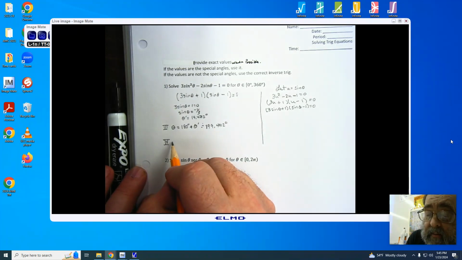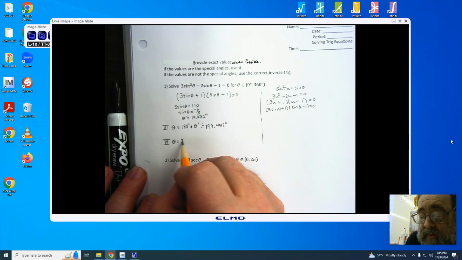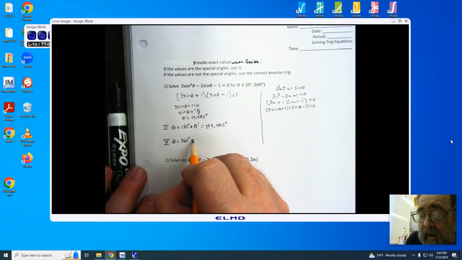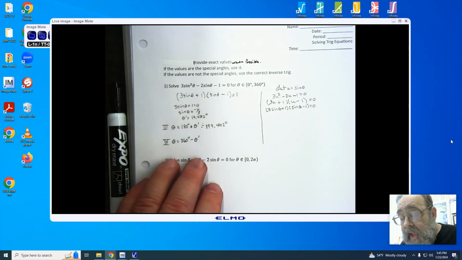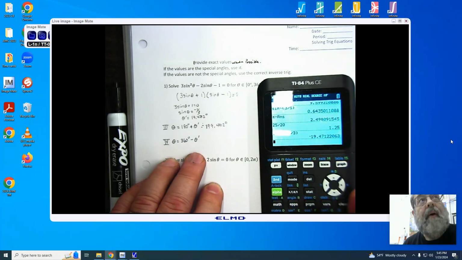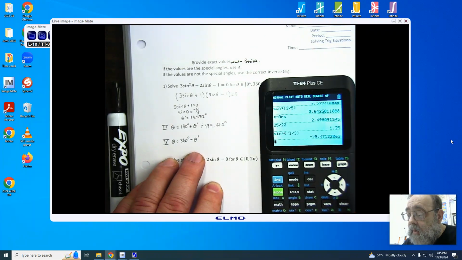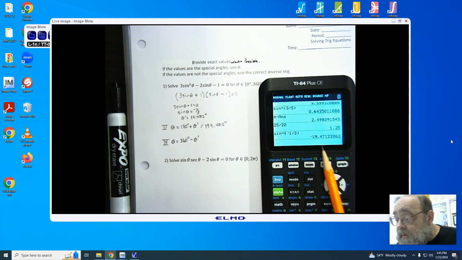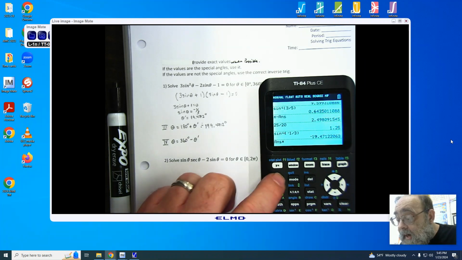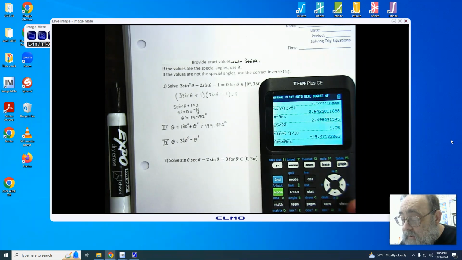The second one, to find theta in the fourth quadrant, we have to take 360 degrees and we have to subtract the theta prime. Now, because of that, I'm going to go ahead and use my calculator. You'll notice I already have the negative 19.4712 degrees. I can start by multiplying it by negative 1.